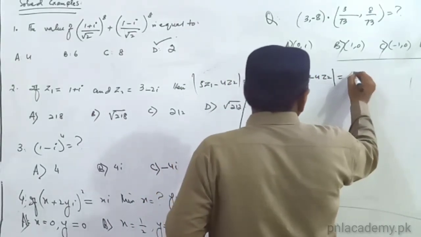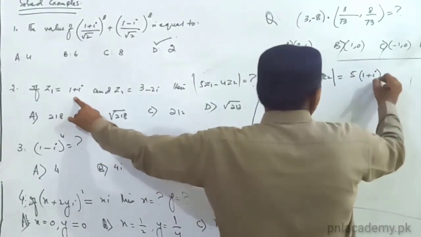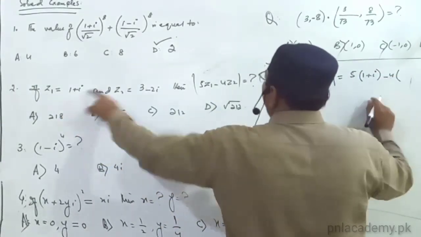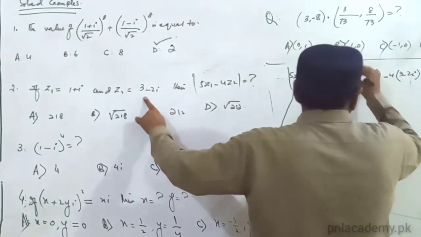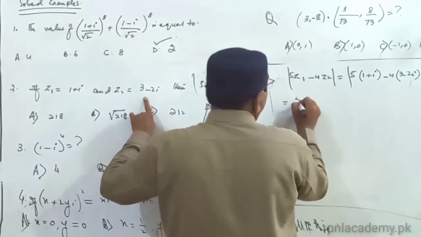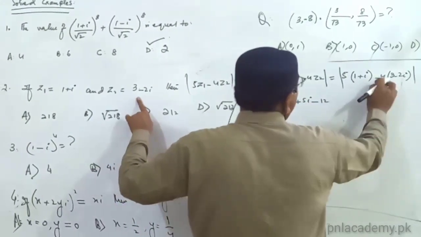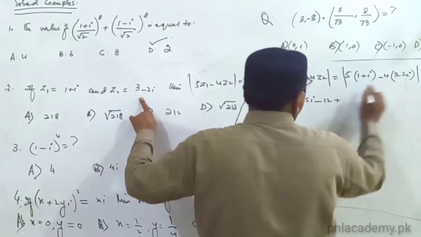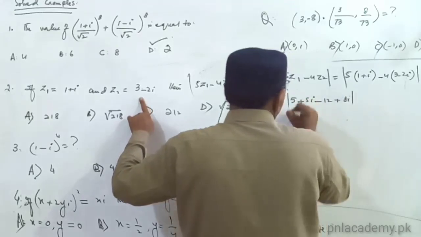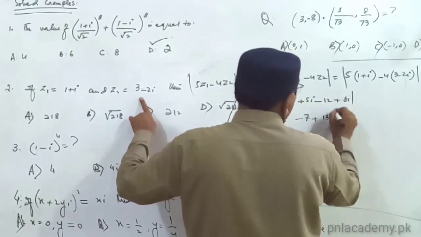The value of z1 is 1 plus iota and the value of z2 is 3 minus 2 iota. So this will be 5 plus 5 iota minus 12 plus 8 iota. This will be minus 7 plus 13 iota.